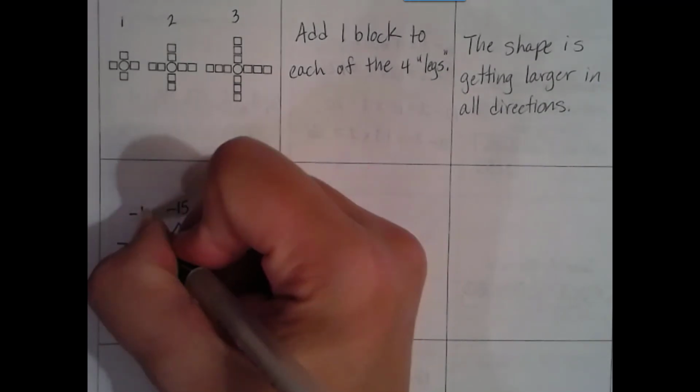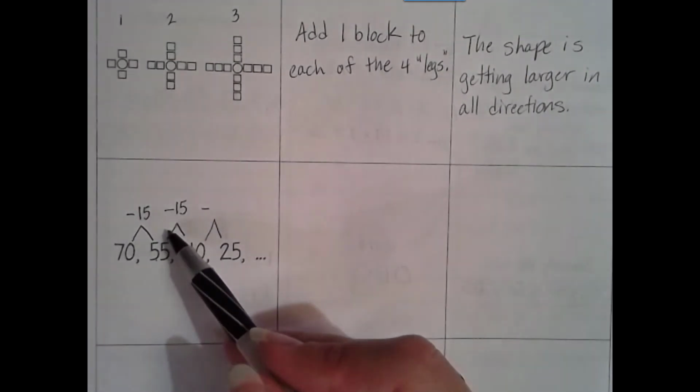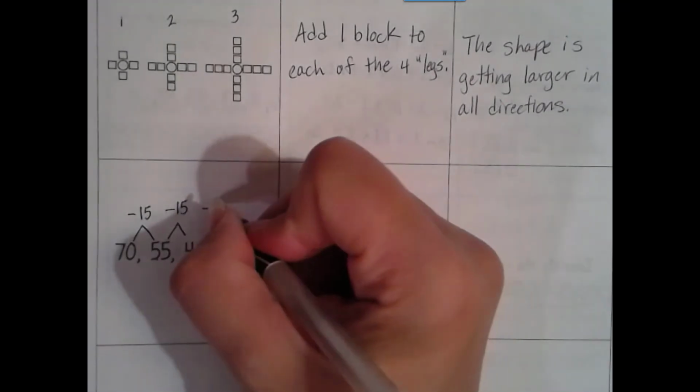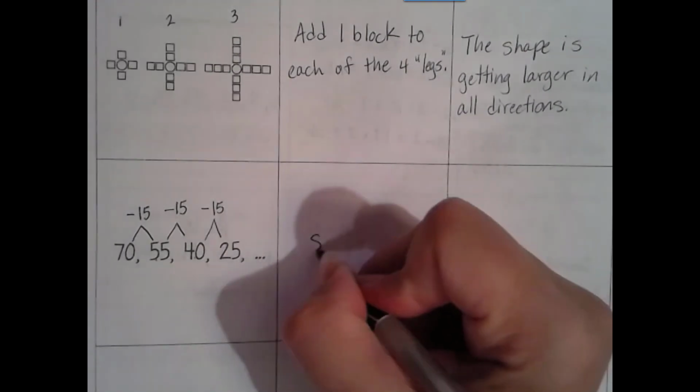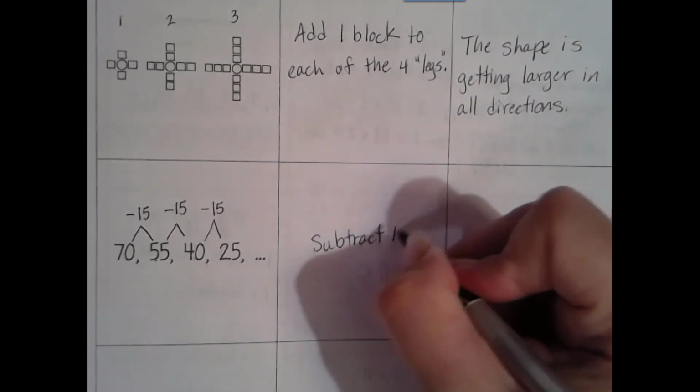See, 70 take away 15. Well, 70 take away 10 is 60. Take away 5 more is 55. So it is 15. And 40 take away 10 is 30. Take away 5 more is 25. So, yeah. So it looks like our rule is subtract 15.